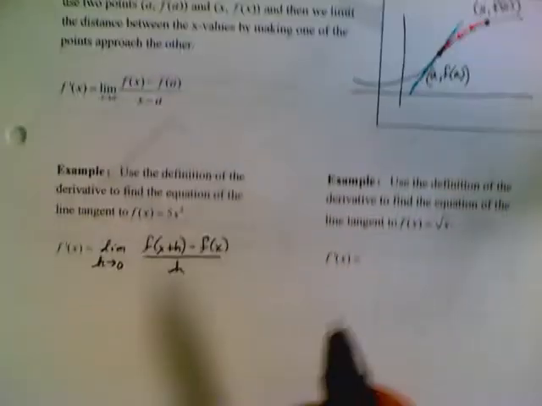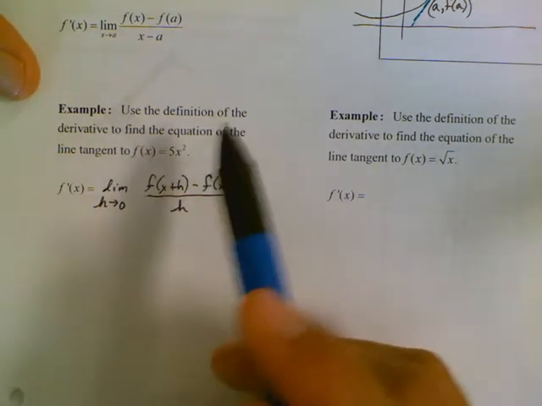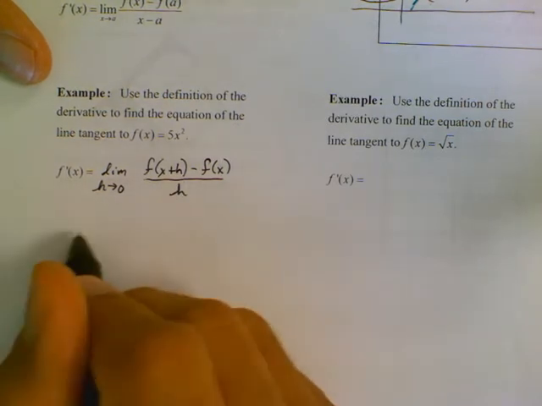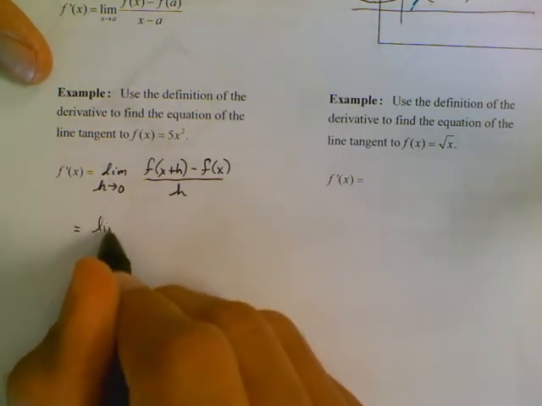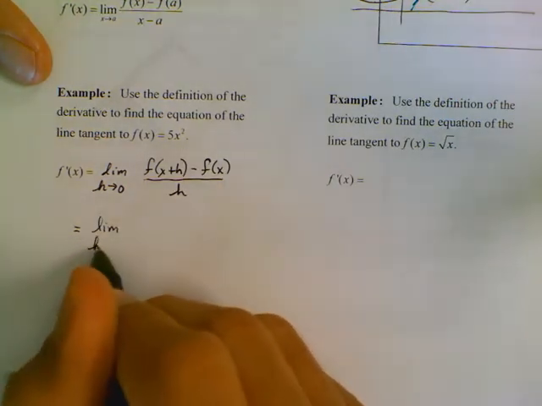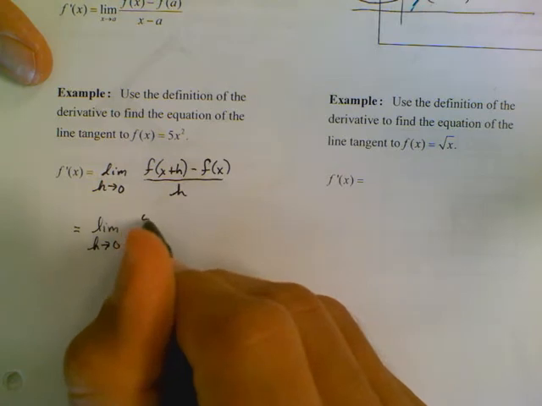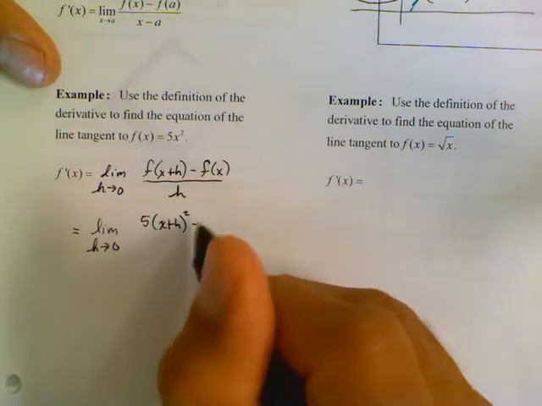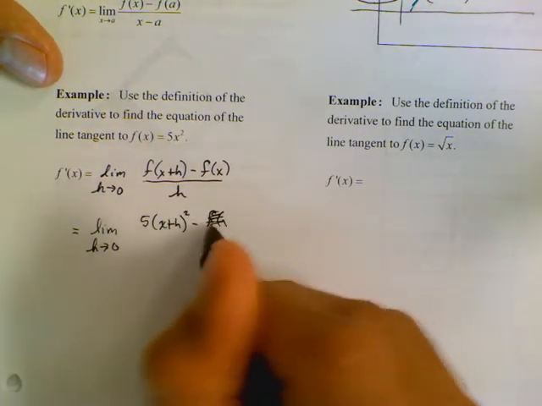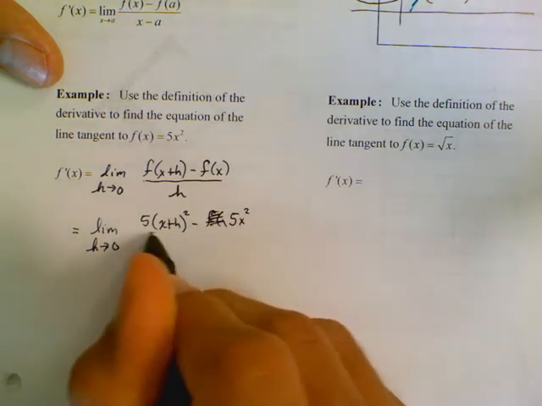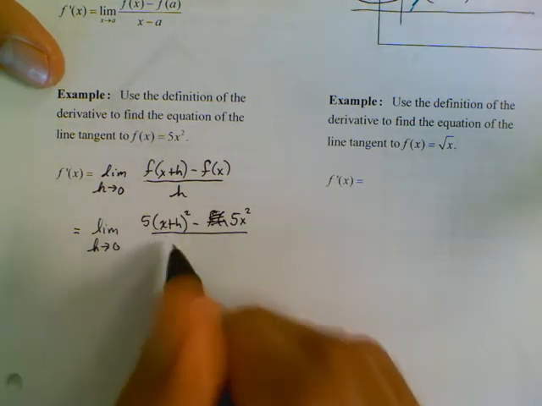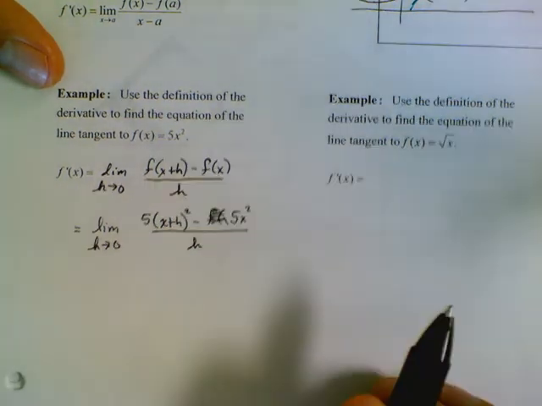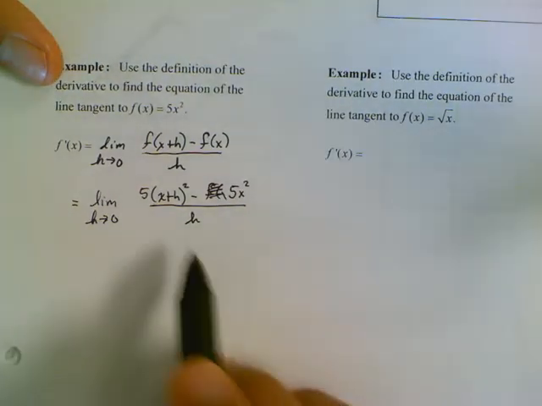Since this said just use the definition of derivative, I thought that this was appropriate. So instead of 5x squared, we're going to write 5 times (x plus h) squared minus the function, 5x squared. And in the denominator, we could write x plus h minus x, but we're just going to write h, because x plus h minus x, they'll cancel out.